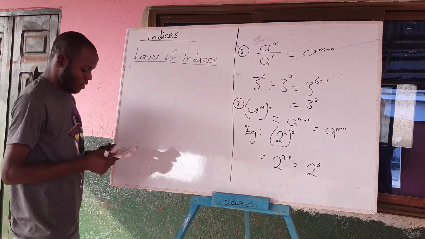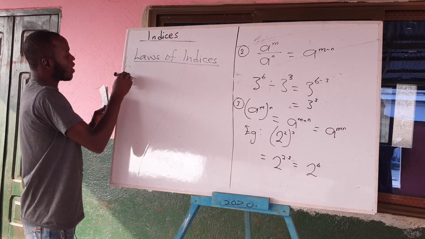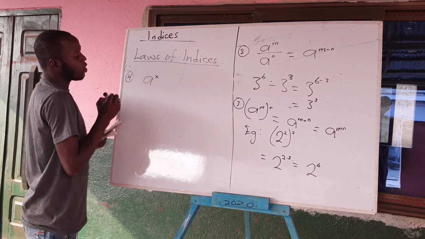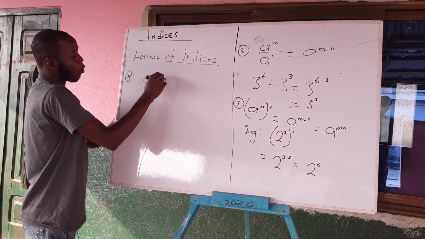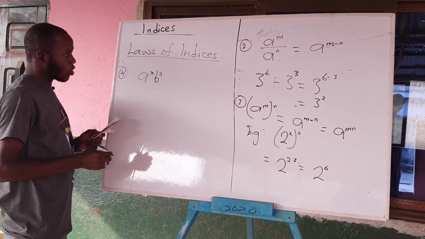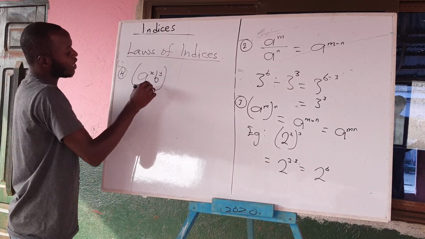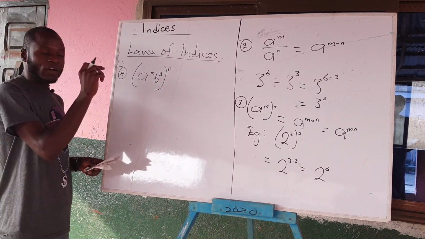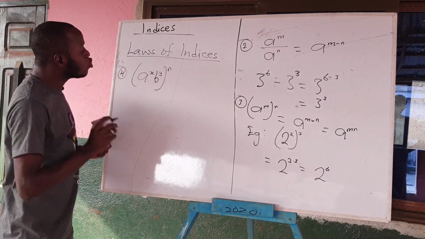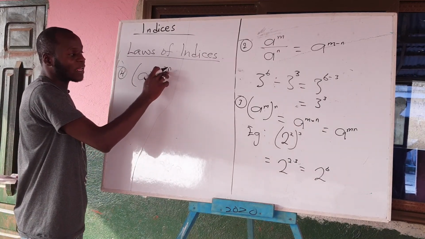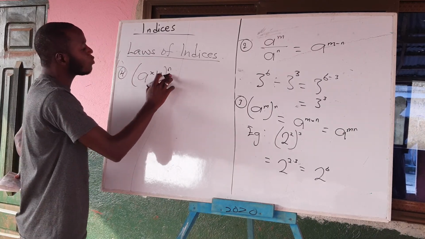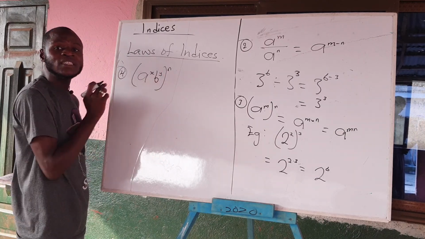if you have a raised to the power x multiplying b to the power y, and they are enclosed in a bracket and are also raised to the power n outside the bracket, the rule says that the index or the exponent outside the bracket will multiply each of the exponents inside the bracket.